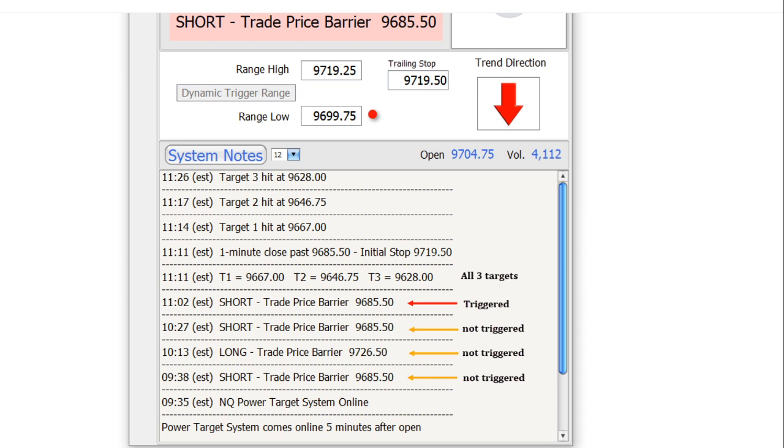One thing to keep in mind, the dynamic trigger range on the momentum channels, the range high and the range low, that's going to be your 5 minute opening price range. Now, the real reason that's in there is to give you folks a reference point to work off of, right?